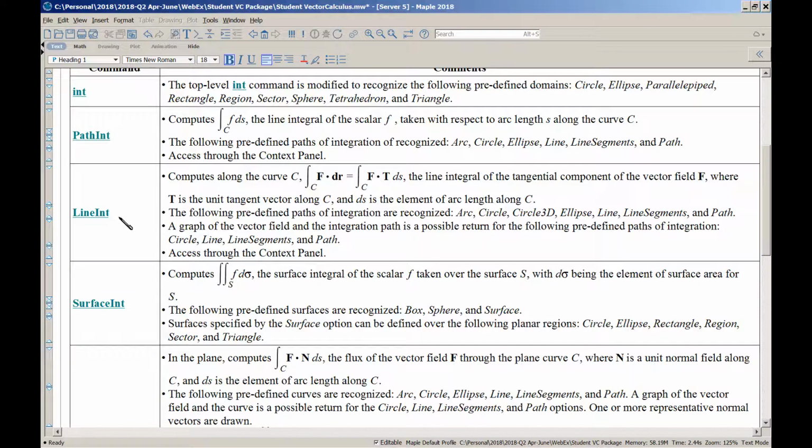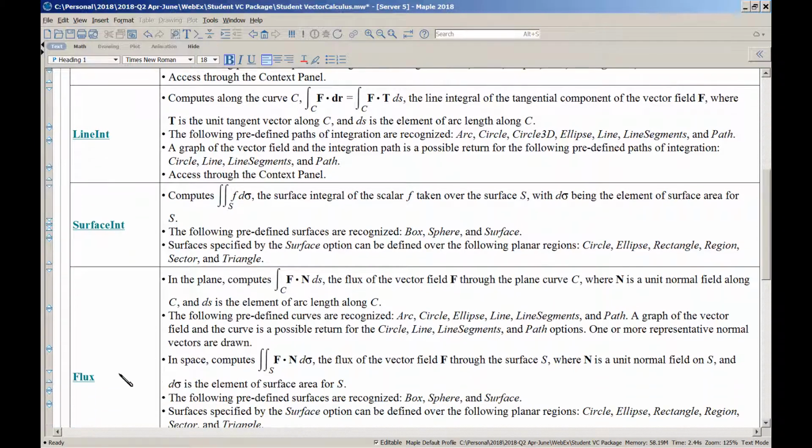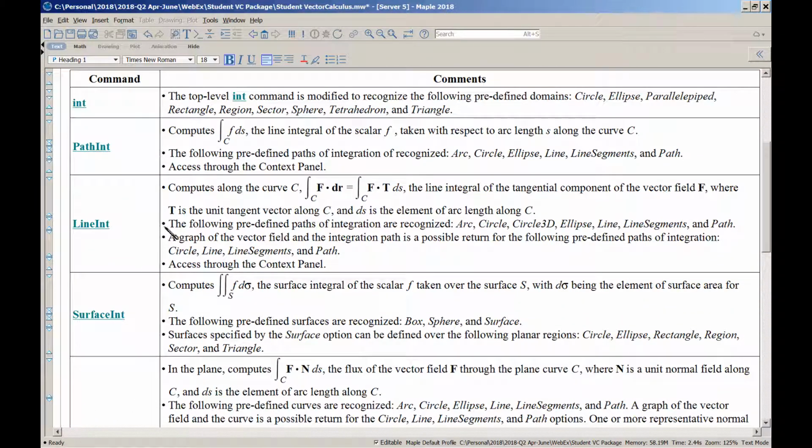So, although a line integral can be flux, initially it was never taken care of. It's the tangential component, and flux had to be done separately. It knows predefined paths: arc, circle, and circle through three points, so you can do a line integral around a circle that's in space, ellipse, line segments, path.